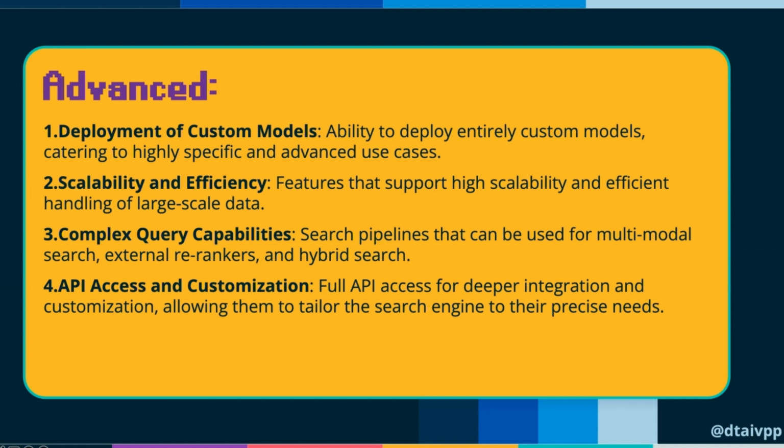So deploying custom models is a really key feature. And one of the challenges with deploying models is it can be difficult to do scaling. So search engines like OpenSearch have mechanisms to actually be able to deploy and scale your models if they're in the PyTorch or the ONNX format. So this is one of the things our advanced users are looking for.